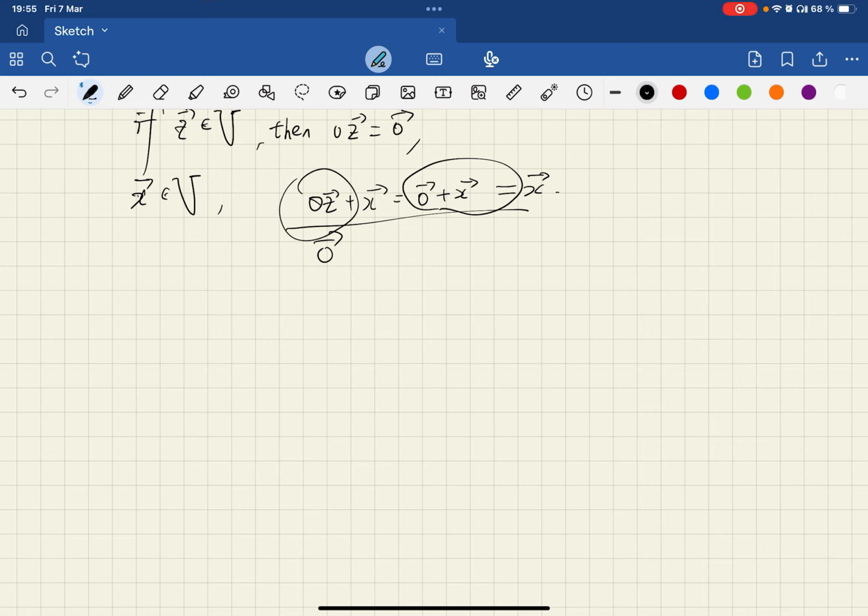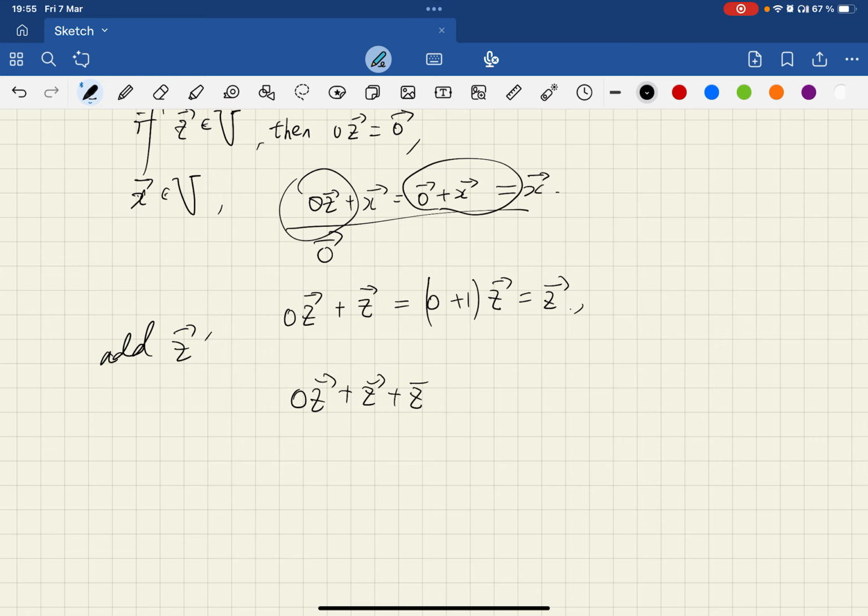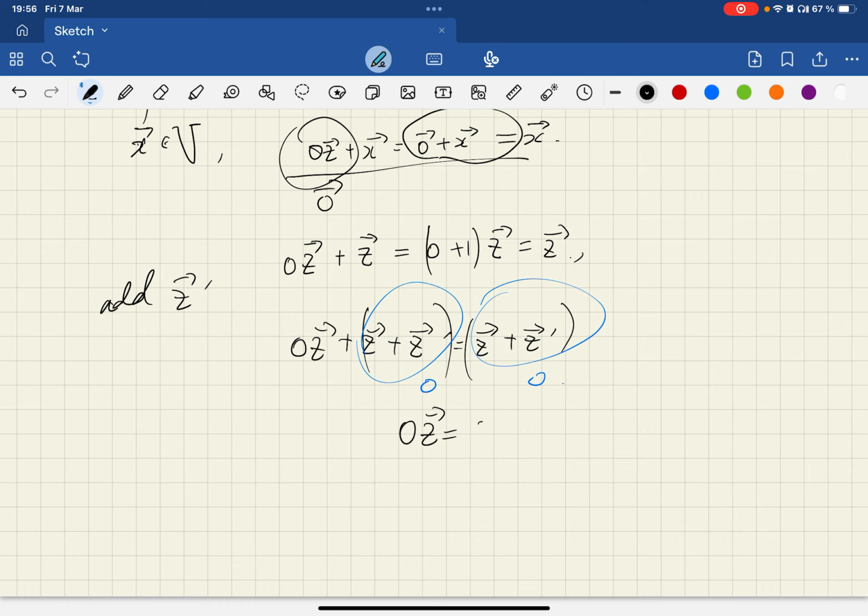So let's add z first. Now add the additive inverse to it, we got... and notice that the two parts cancel by the definition of the additive inverse. There we go.